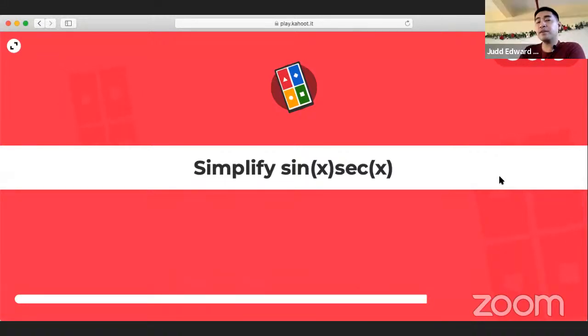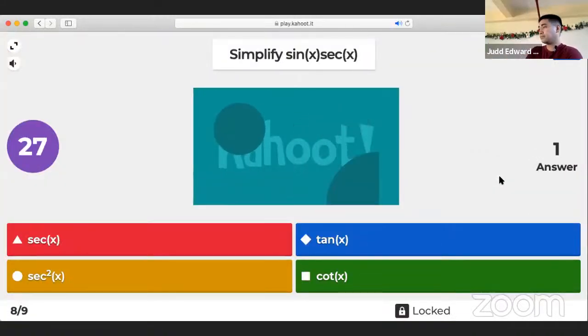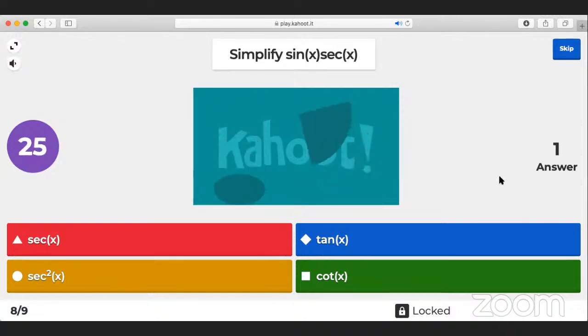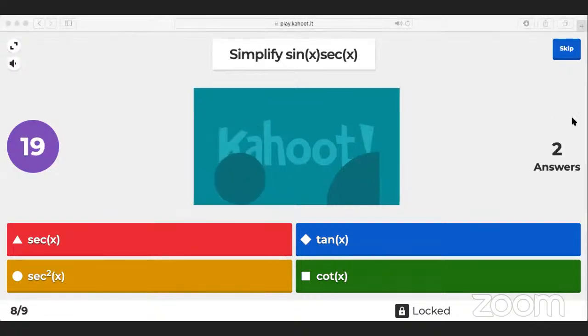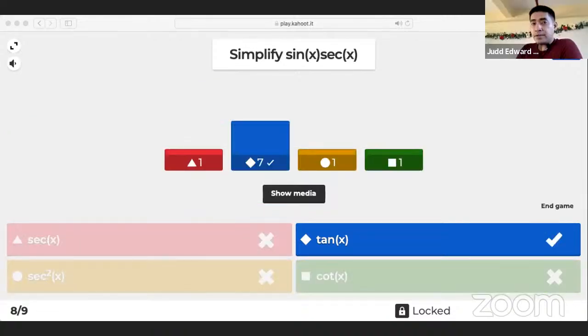Last 2, simplify sine of x secant of x. Tangent of x is the correct answer. 7 got it correctly. Let's see who's on our leaderboard.